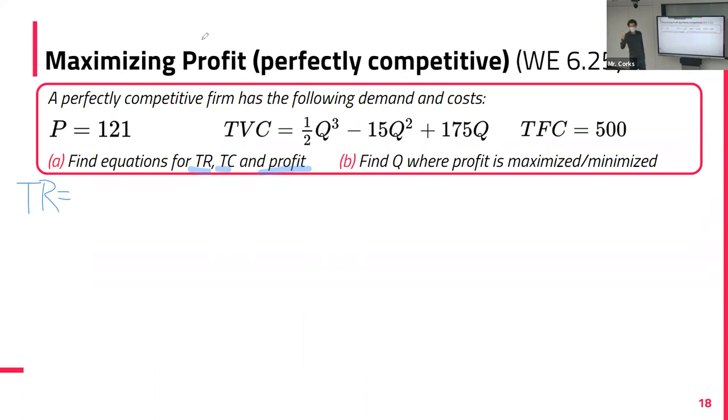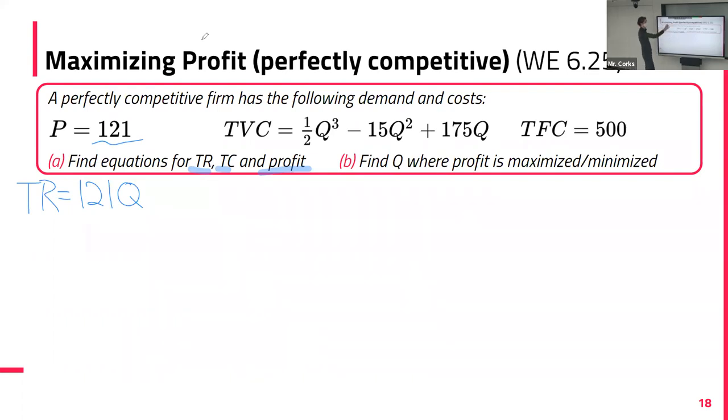P multiplied by Q. Okay, let's do the total revenue first. It's P times Q, and if P is 121, what's our equation? It's just 121Q. That's it. Very simple.